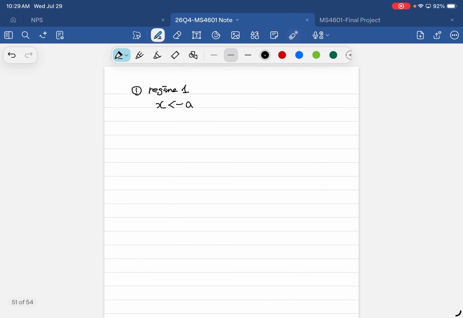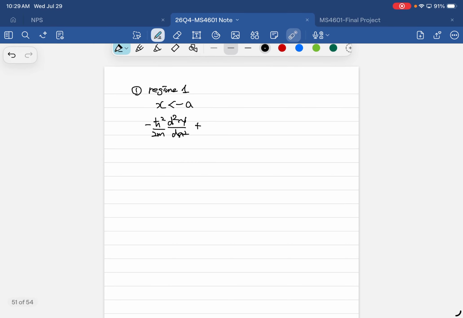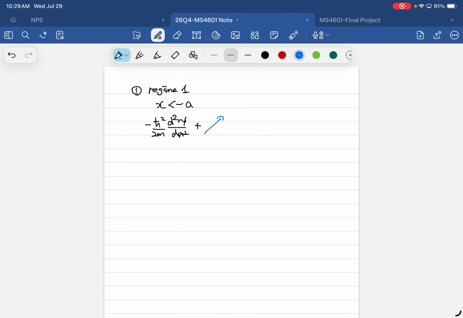Writing the Schrodinger equation: minus h bar square over 2m d square psi dx square plus U psi equals E psi. But we already know U is 0 in this regime, so I'm going to skip that term.